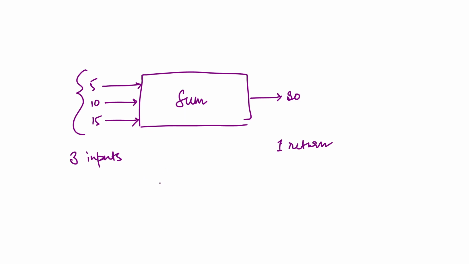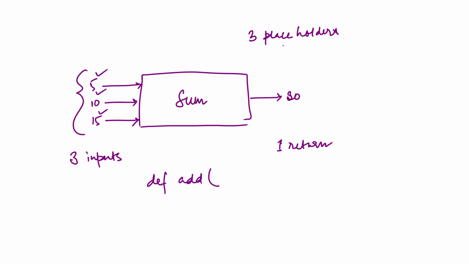Any function definition starts with the keyword def, which stands for define. Now you state the function name, let's call it add. Because we have three inputs, we need three placeholders, one for each input.